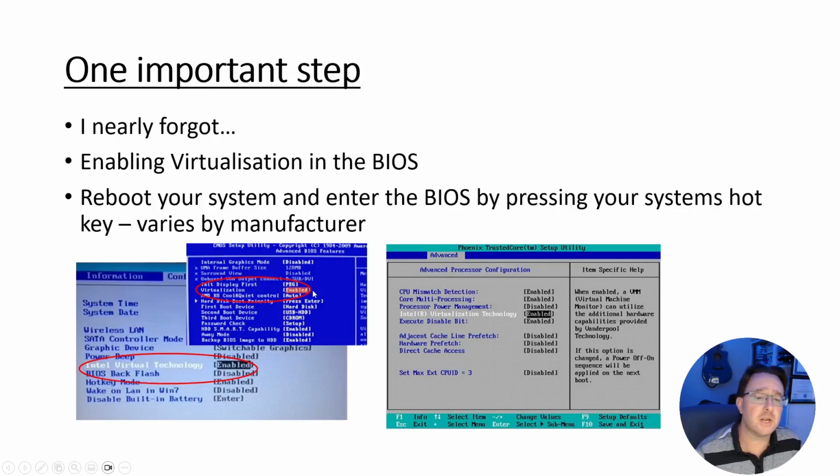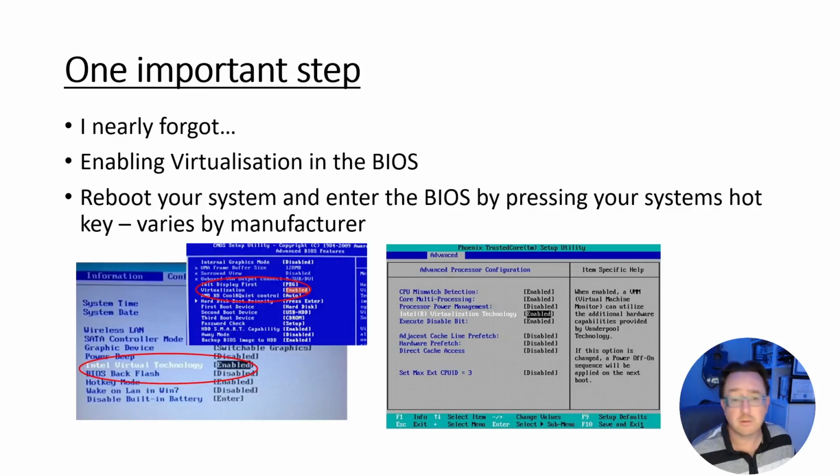So basically you need to reboot your computer when you're ready to do it. When it comes to the black screen before all the post install and everything, you hit your system hotkey for entering the BIOS. That may be F12, it may be F2, maybe delete, it may be a combination of keys. Google search it.